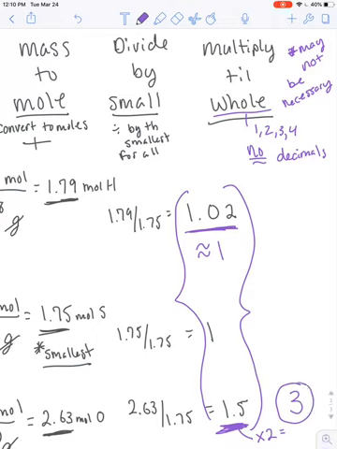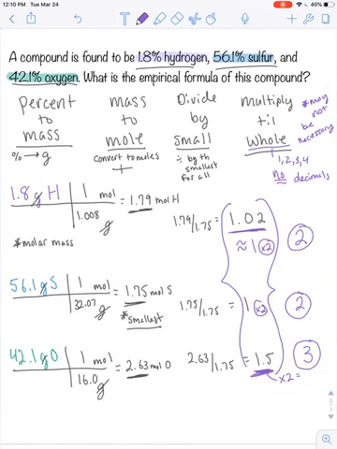So what I can do is actually multiply the rest of my numbers by 2 also. And so what I get is 2. 1 times 2 is 2. 1 times 2 is 2. And 3. So these are our final numbers after the end of step 4. After we've multiplied till whole, we get 2, 2, and 3.